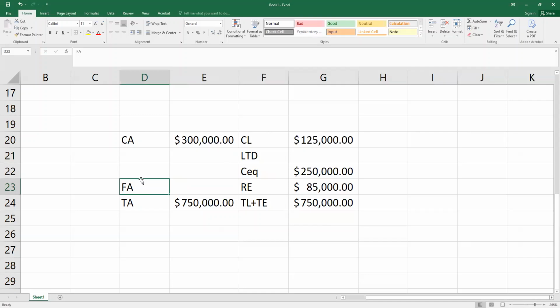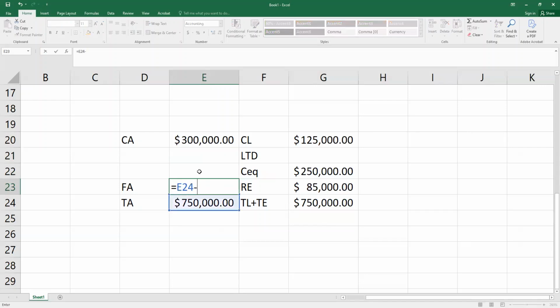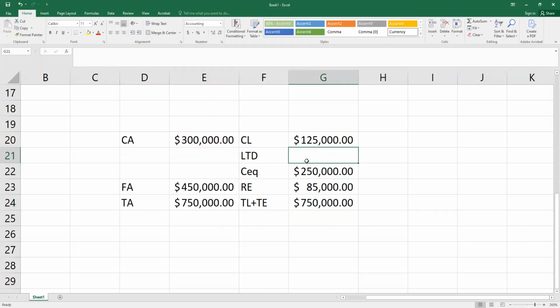So my fixed asset here, my current asset is here, current liability. So how can I find the fixed asset? Total assets minus the current assets. That's the logic. And what about the long-term debt? Total assets minus current liabilities, minus retained earnings, minus common equity. Okay, that's the way we find what we were asked.